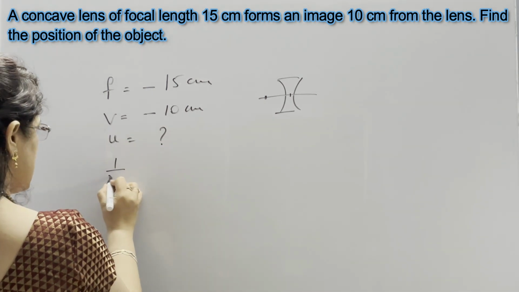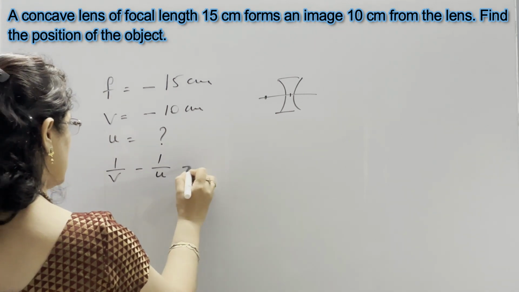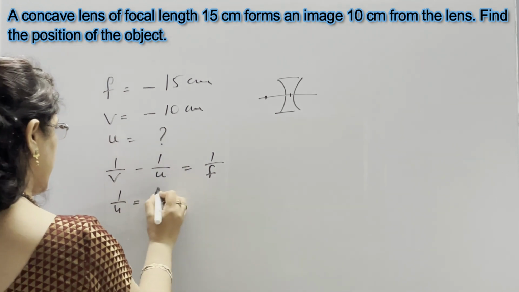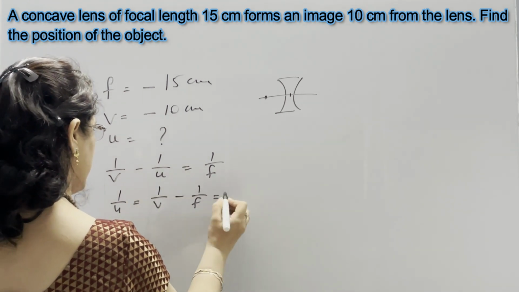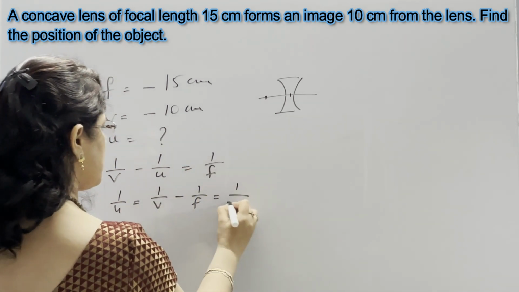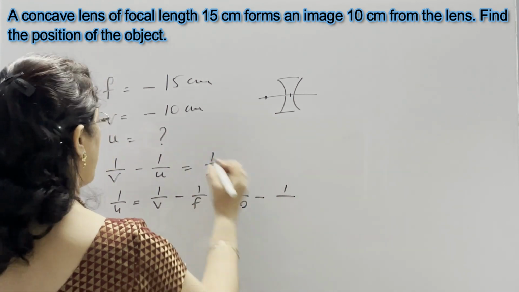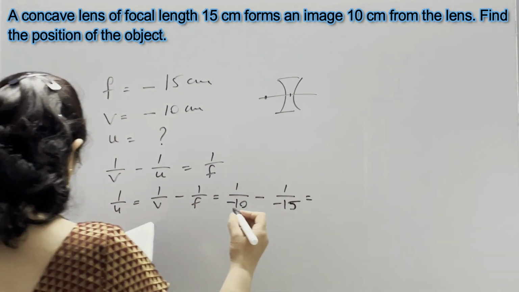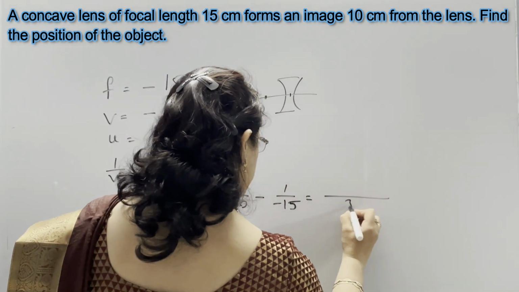The lens formula remains the same, 1 by v minus 1 by u is equal to 1 by f. So we have to calculate 1 by u. It means 1 by v minus 1 by f. 1 by v is minus 10, minus 1 by f is minus 15. So the LCM of 15 and 10 is 30.